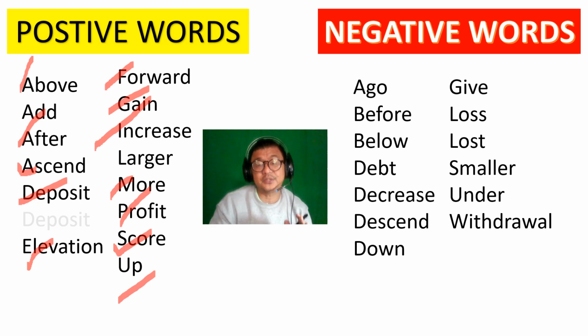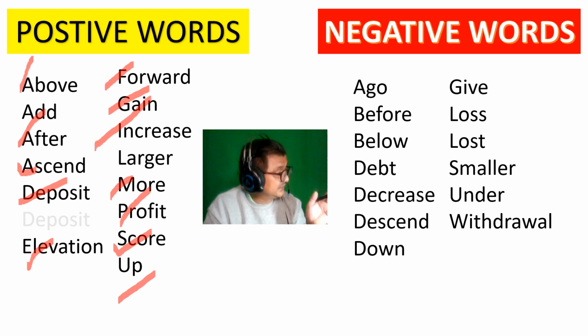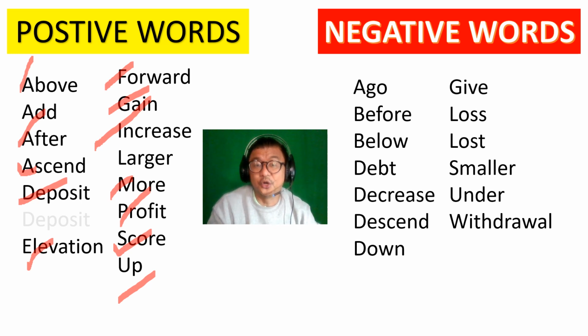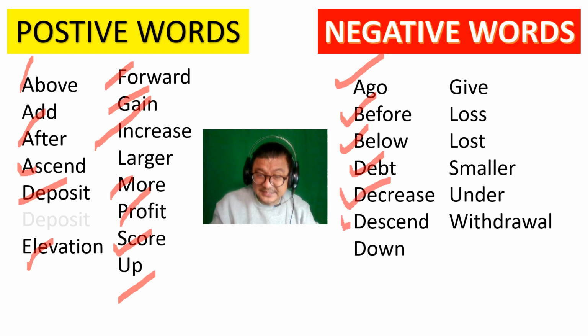Now, let's look at the other side. These words will mean negative. Ago, like years ago, so negative. Before, below, a debt. A debt is the money you borrow. If you borrow money, that's a negative for you because you'll have to pay that eventually. Descend is going down.